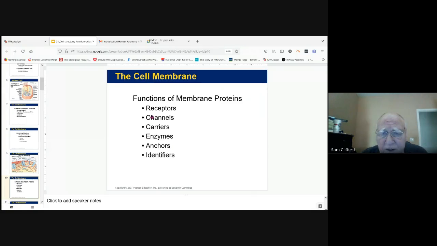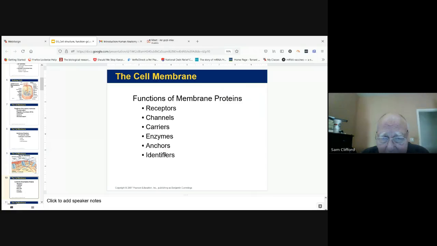So what do these proteins do? They receive information. They allow substances to move through their channel from inside to outside or from outside to inside. They carry substances. They act as enzymes.